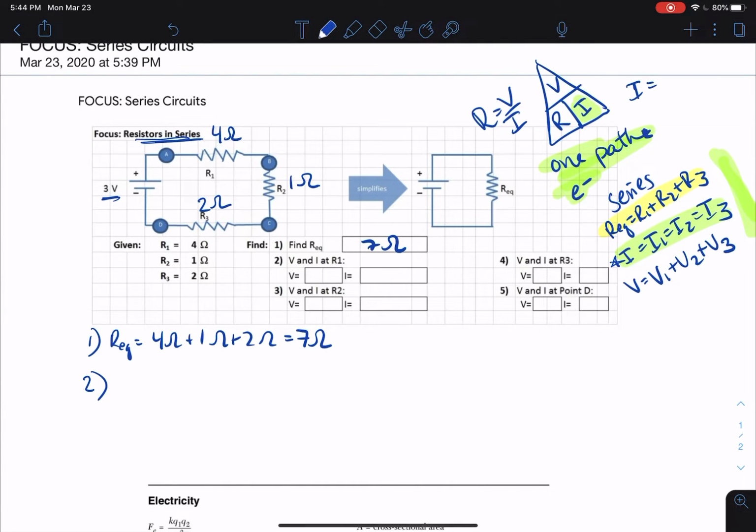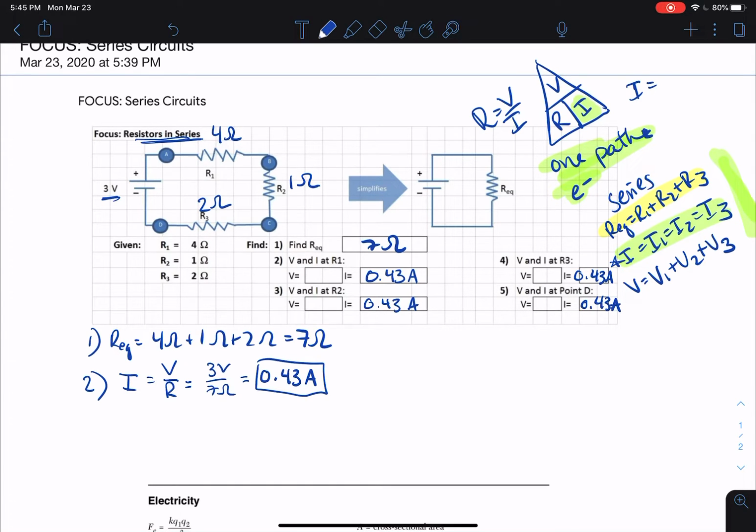I'll just write it down here: I equals V divided by R. So in this case, my total voltage is 3 volts divided by 7 ohms. And when I do that, I get 0.43 amps. I'm just going to round to the hundredths for this case. So that is my amps. And again, because I solved for the current here, the current everywhere is going to be that. And that's going to become really useful for us later. So I'm just going to fill all those in like so.